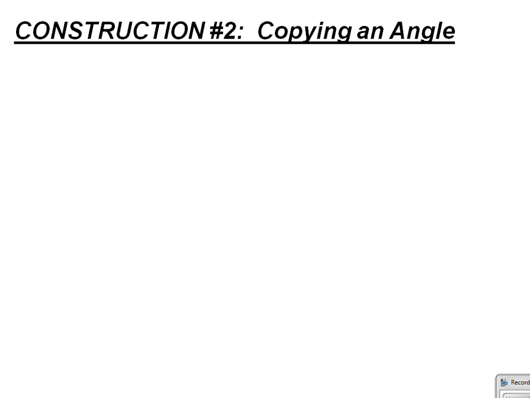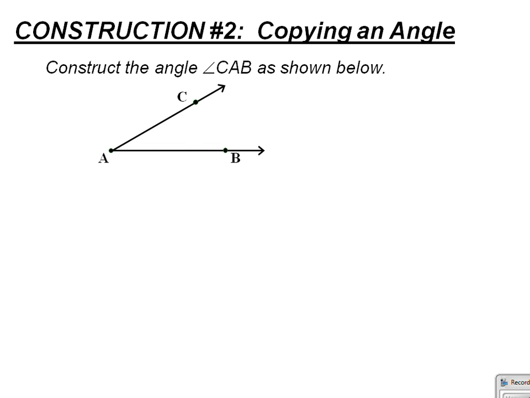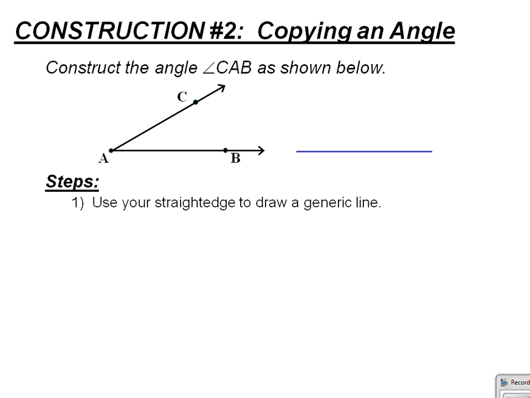Now the second basic construction is copying an angle. Say, for example, you're given angle CAB as shown there, and you're asked to construct angle CAB as shown below. This construction, like the previous construction, begins with drawing a straight line using your straight edge.